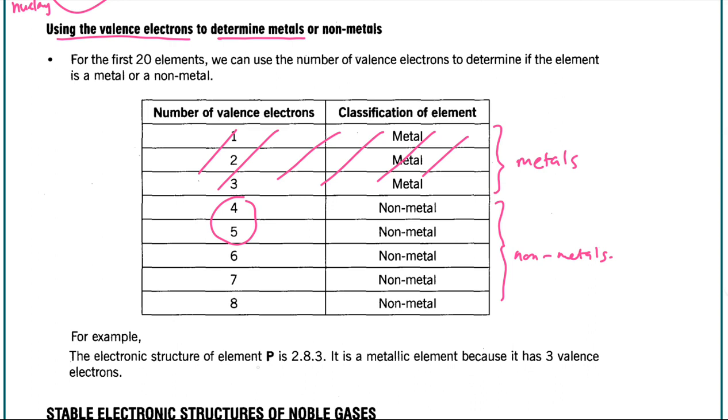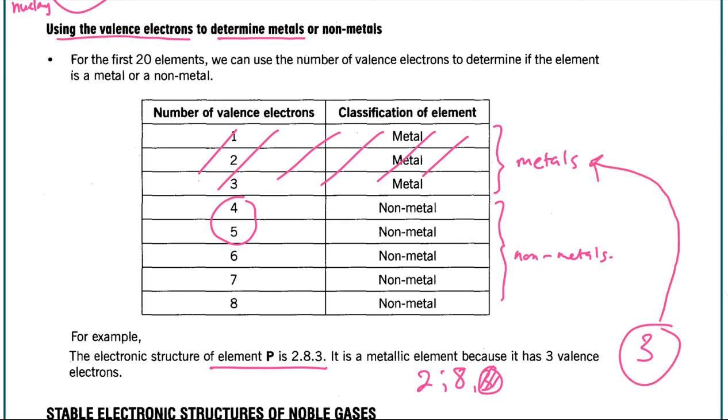For example, the structure of an element P, as given in the notes, is 2, 8, 3. By this, we know that 3 is our valence. If 3 is the valence, it means it belongs to the metals.